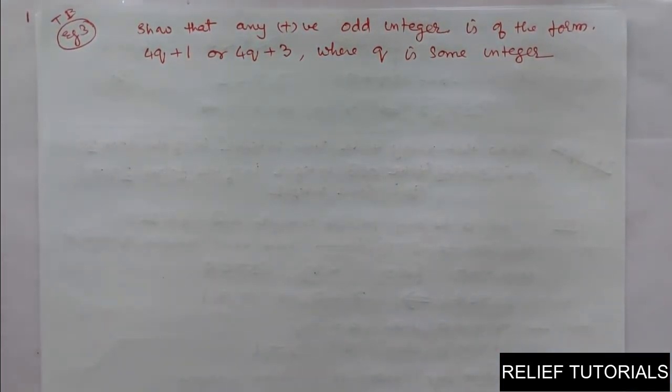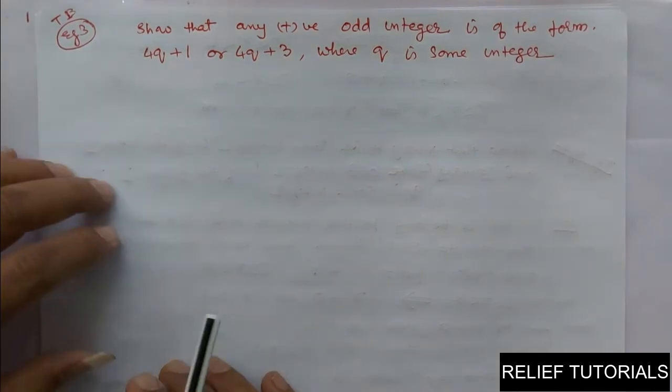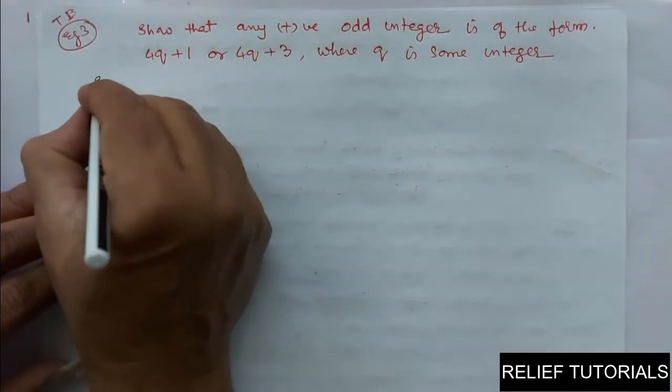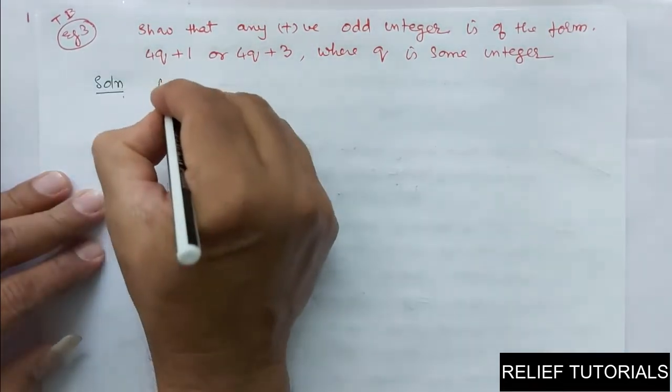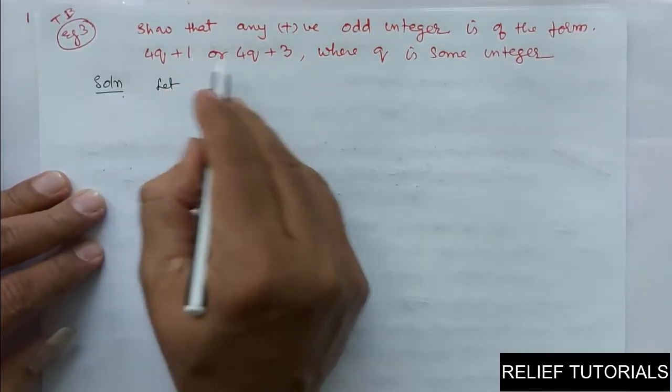Clear? Where q is some integer. So we are doing textbook example 3. Okay, see. So as usual, what will you do? Solution. See here: 4q plus 1, 4q plus 3.